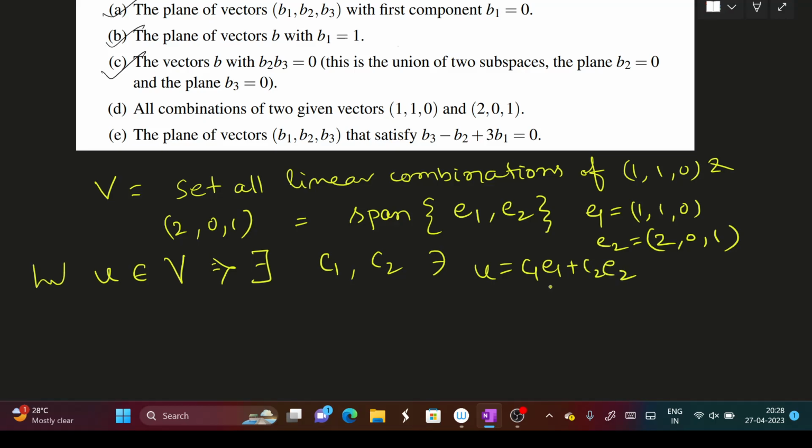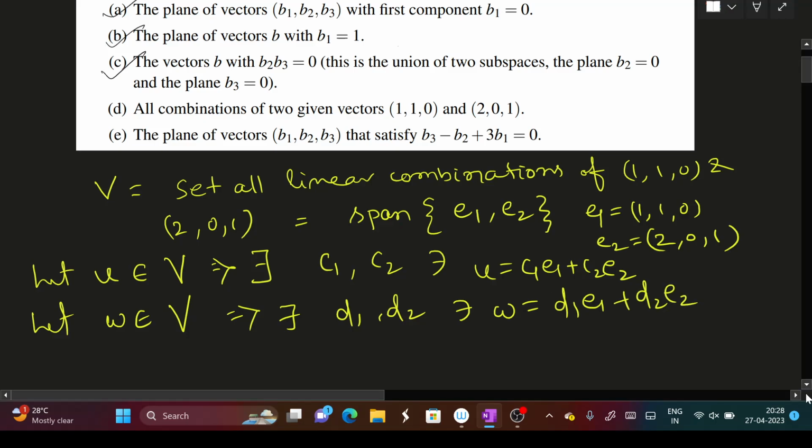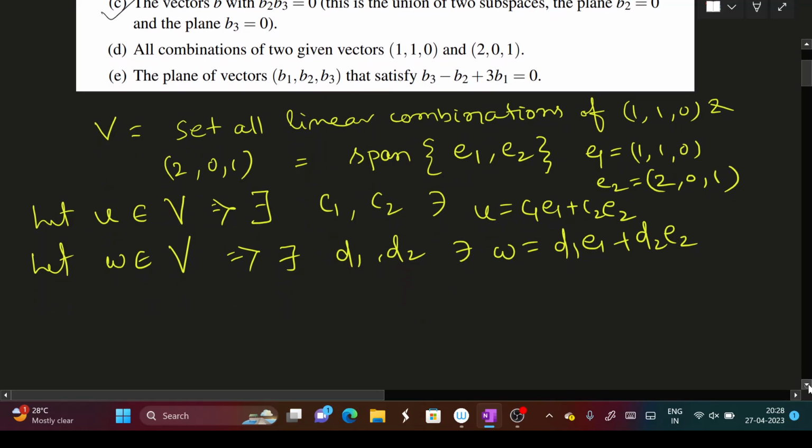Let W belong to V. This implies there exist D1, D2 such that W is equal to D1 E1 plus D2 E2. These are arbitrary vectors.